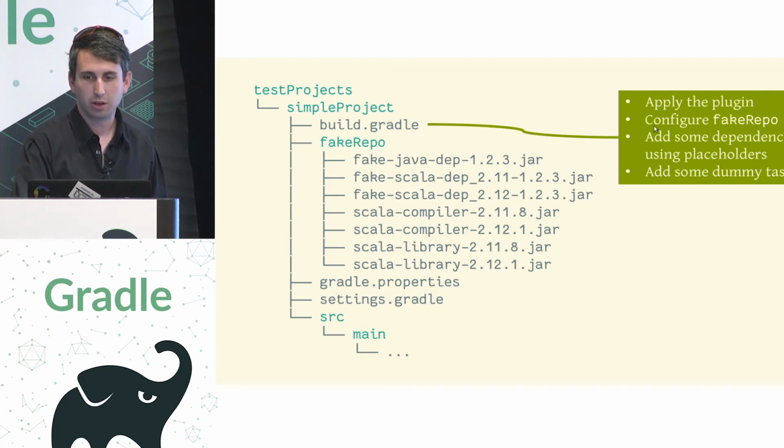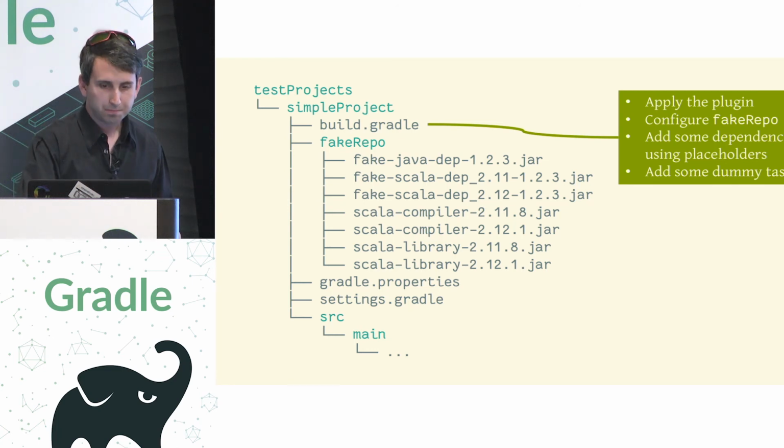This was useful. I configured a little fake repo that's just a flat file system repo. These are all 0-byte files that just happen to look like jar files would look, and it allows me to test the dependency resolution that does work. And it adds some dummy tasks so I can inspect their output when I use Gradle runner.